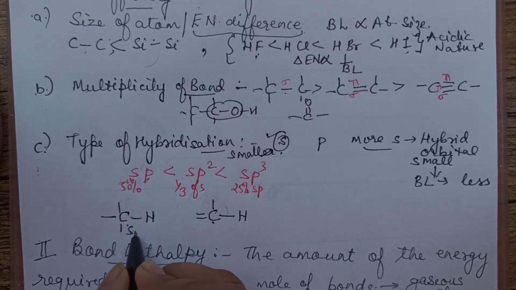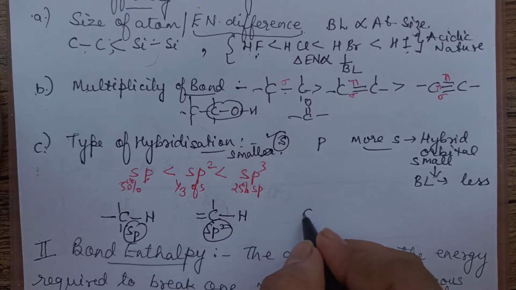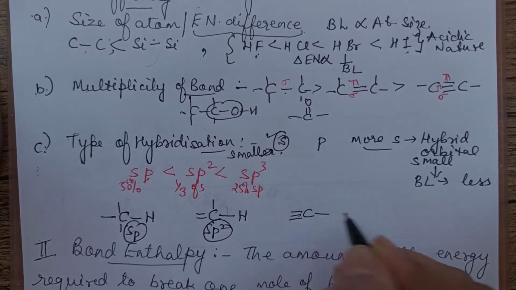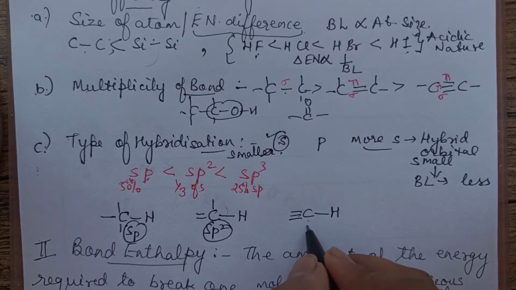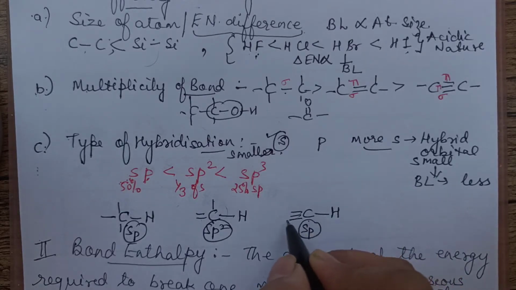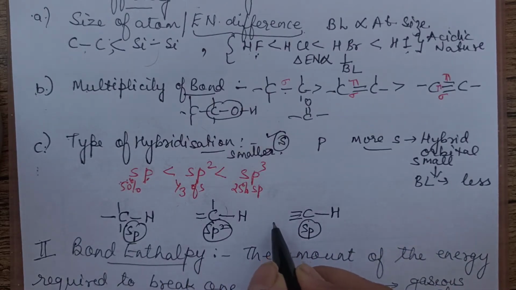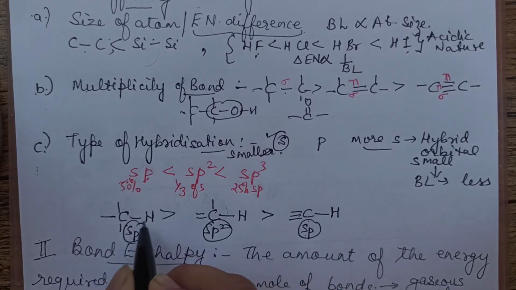Let us consider another one, here 1 hydrogen, one sigma, so 2 sigmas on this carbon, so sp hybridization. So this will be the maximum s character to least carbon hydrogen.